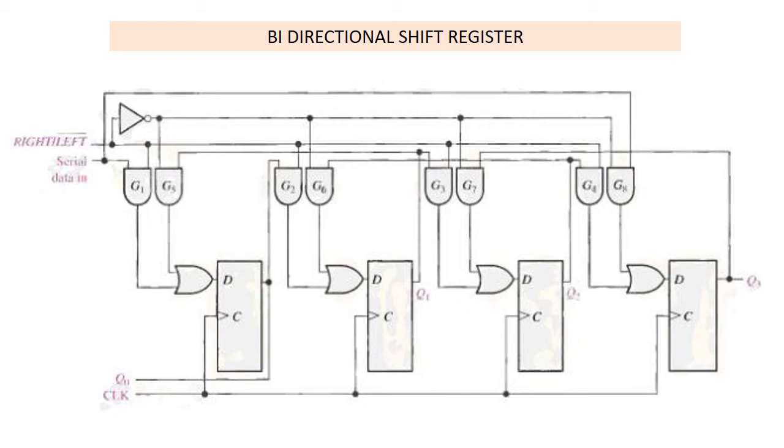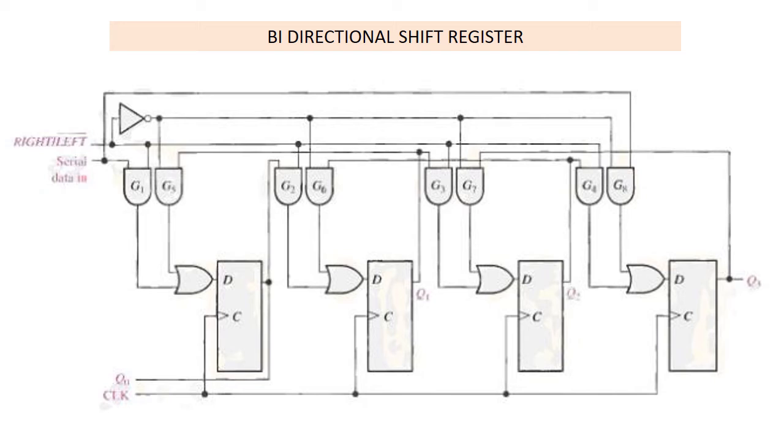When the right or left complement is a 1, that is high, the logic circuit works as a shift right shift register. When the signal is low, it works as a shift left shift register. The bidirectional operation is achieved by using the mode signal and 2 AND gates and 1 OR gate for each stage as shown in the figure.